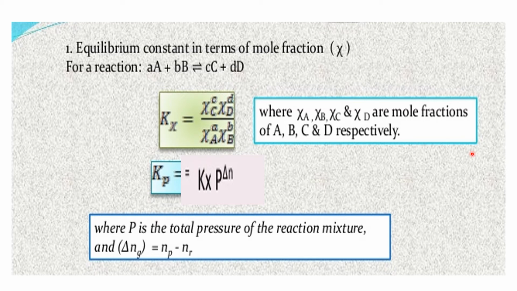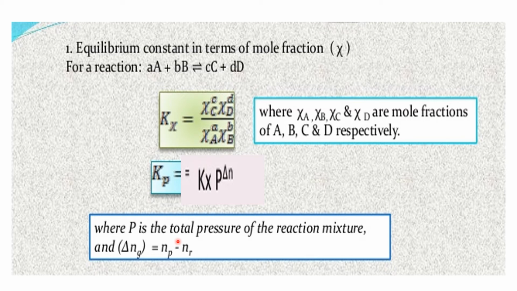Now see here, we have to see the relationship between Kp and Kx. Kx is the equilibrium constant when we consider the mole fraction, and the relationship is Kp is equal to Kx into P raised to delta n. Listen carefully. Kp is equal to Kx into P raised to delta n, where P is the total pressure and delta n is the difference in the number of moles between products and reactants.